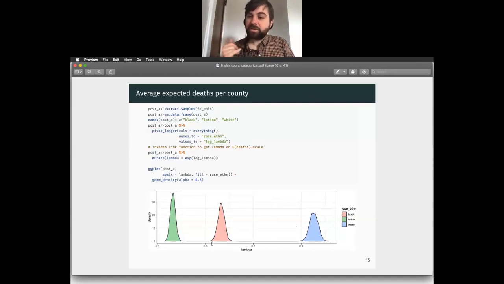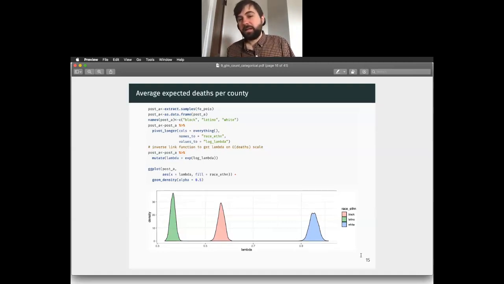If we were to simulate directly from the Poisson using this lambda, we would get integers, right? We would get zeros. In the case of Latinos, we would get a lot of zeros and a few ones, and a very small number of 2s and 3s. For Blacks, we would see a lot of zeros, a lot of 1s, a small number of 2s, 3s, and 4s. For whites, we would see fewer zeros, right?